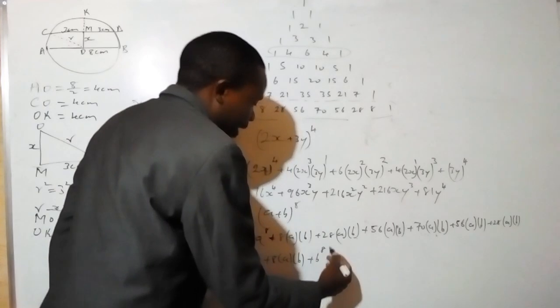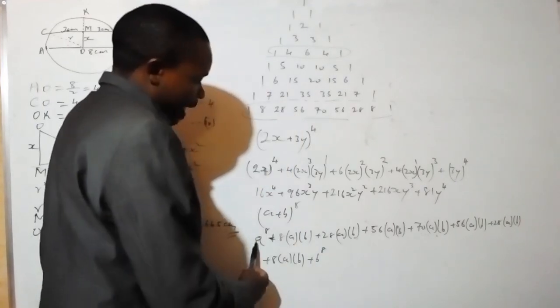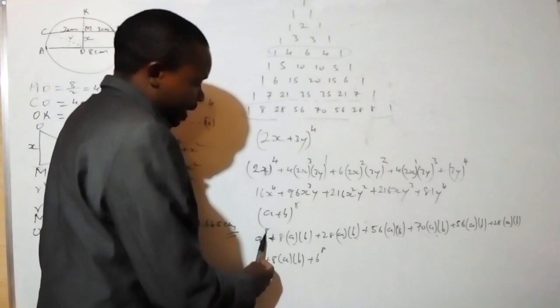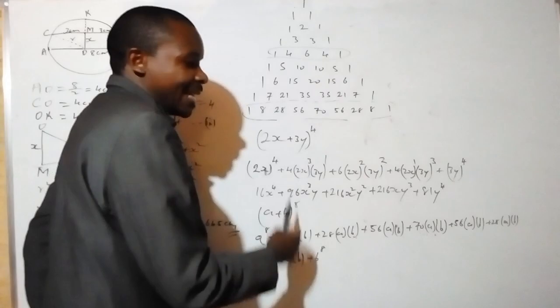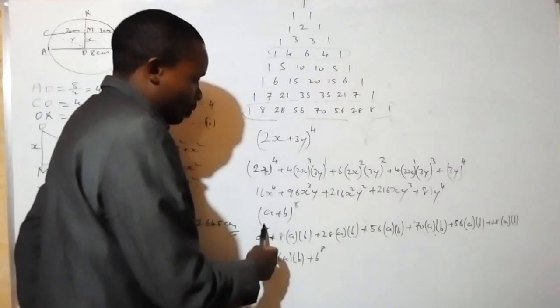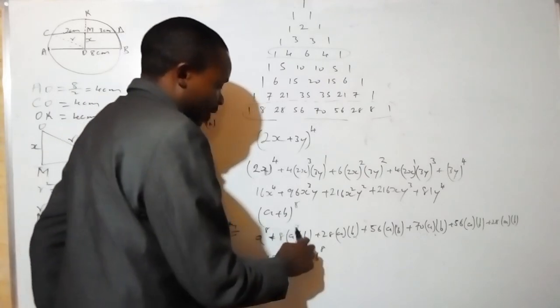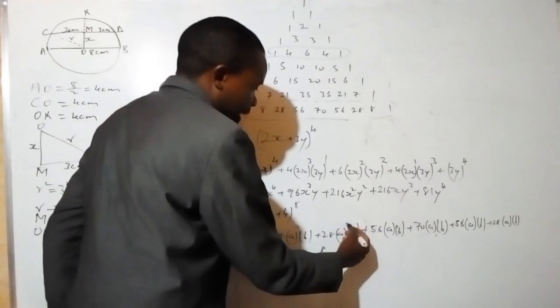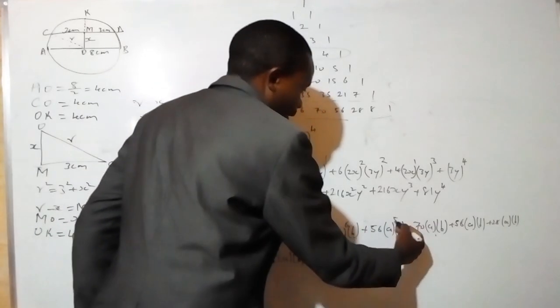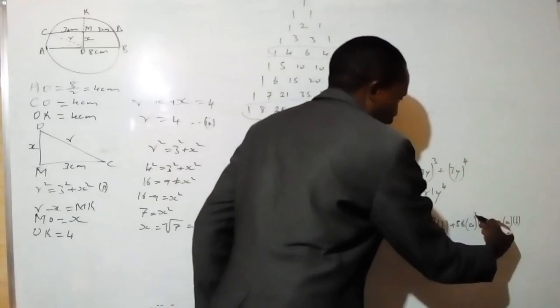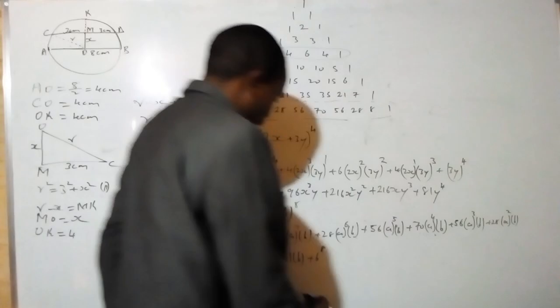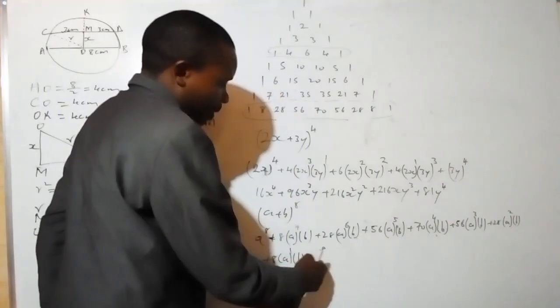If you have started with a raised to the power 8, where we have a, we write the power in descending order from 8: 8, 7, 6, 5, 4, 3, 2, and 1. B raised to the power 8.